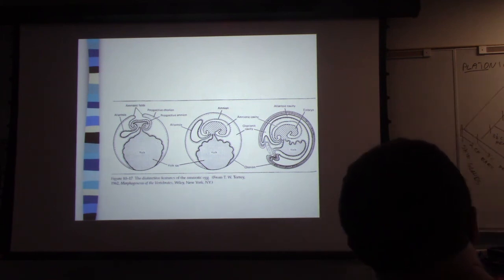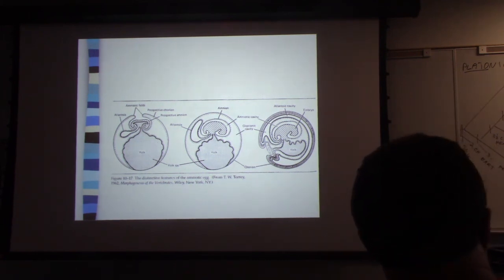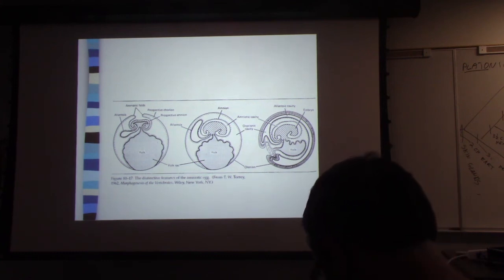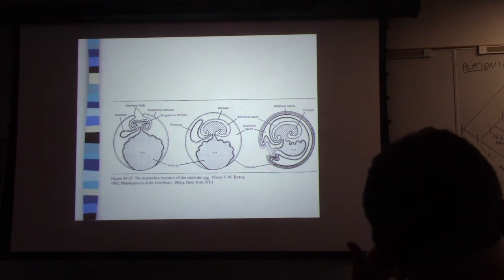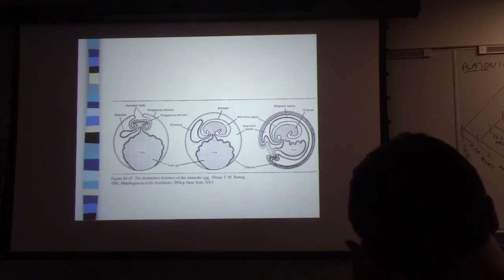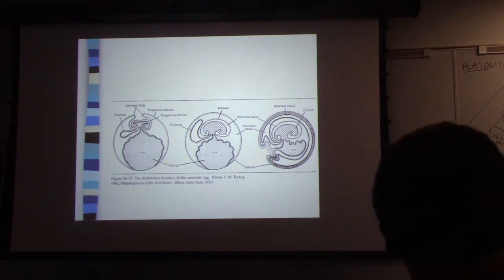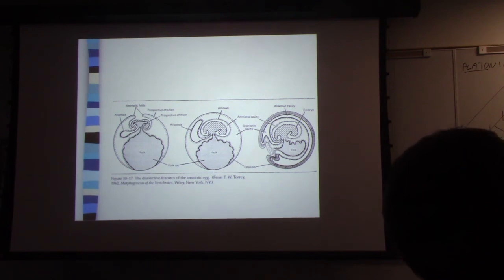Well, it turns out that this is the way placental mammals do it. Placental mammals plus numbats, plus one other group, and I've forgotten what the other group is, okay?